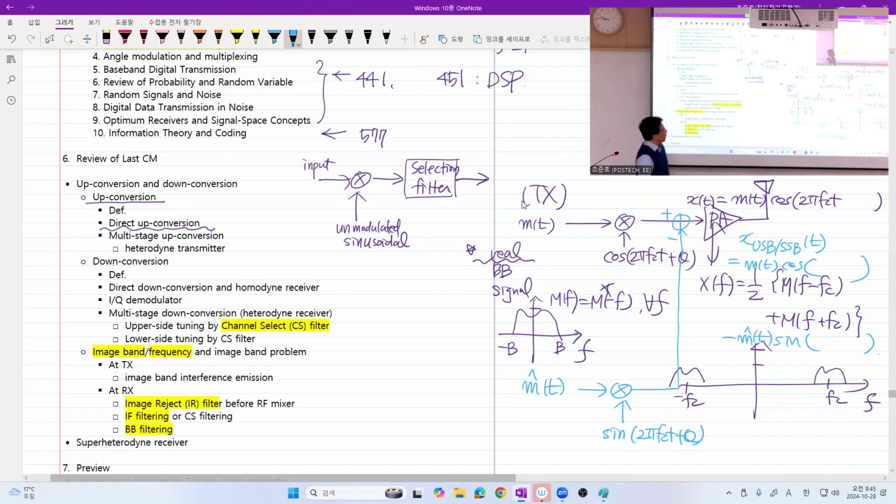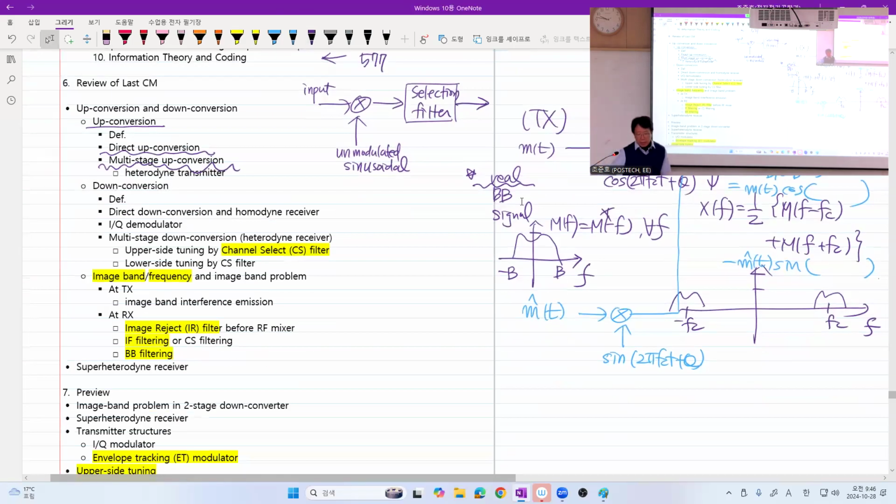Anyway, so this is a direct up conversion IQ modulator or transmitter or phase shift modulator, but people devised a method that replaces expensive direct up-conversion mixing with multi-stage up-conversion mixers.